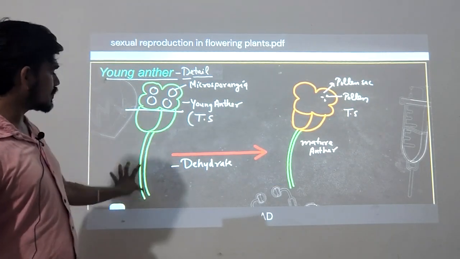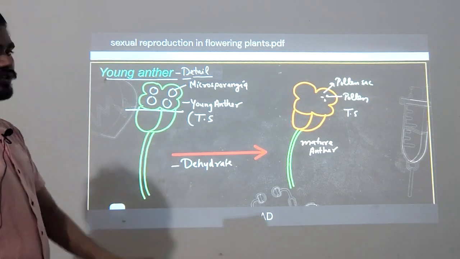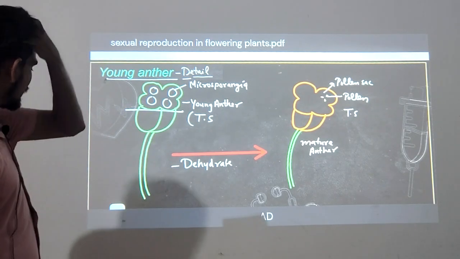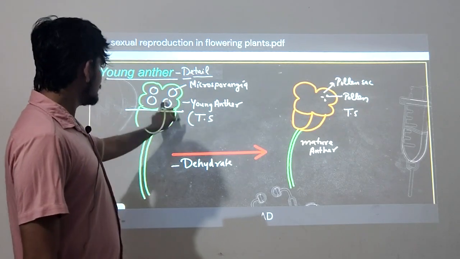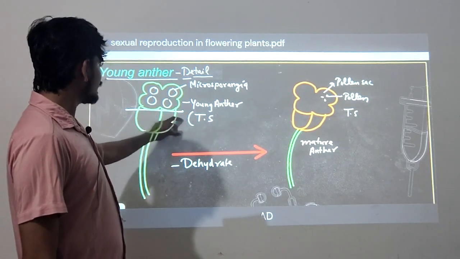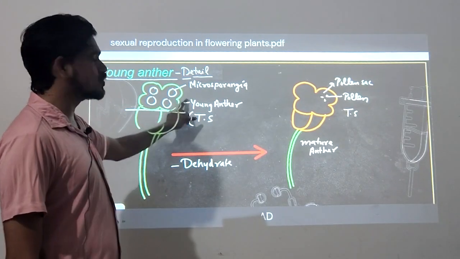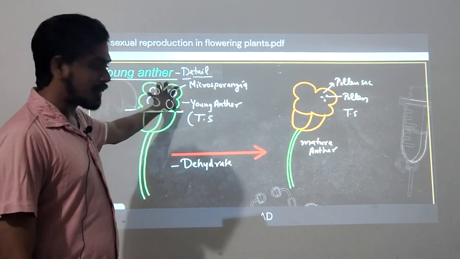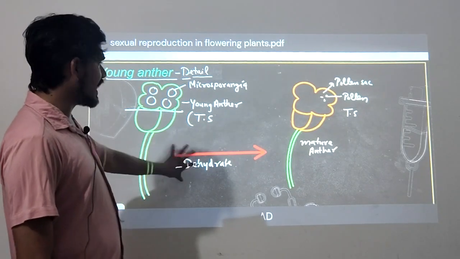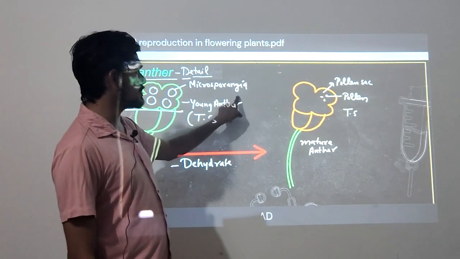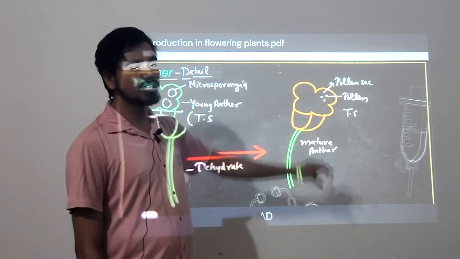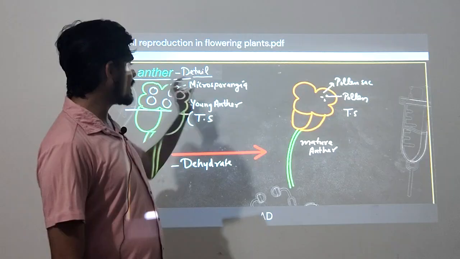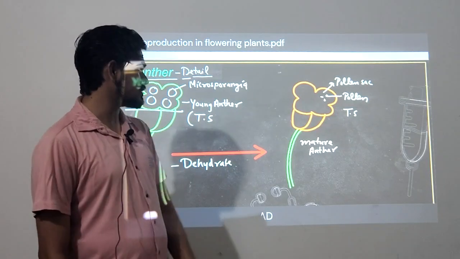Look at this diagram. This is the structure of a young anther. In the young anther we find the microsporangia, covered by some layers that protect the microsporangia. After dehydration and maturation, the microsporangia convert into pollen sacs, and the microspores develop into pollen grains.